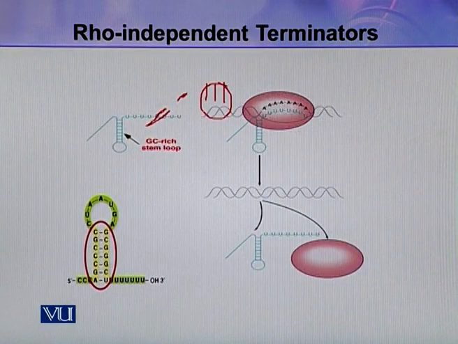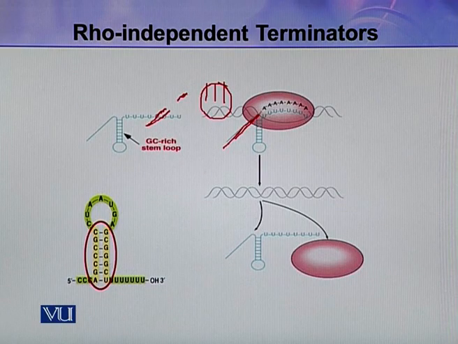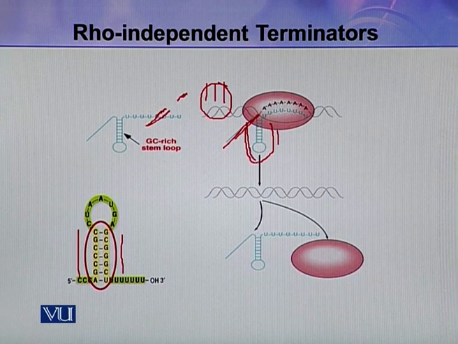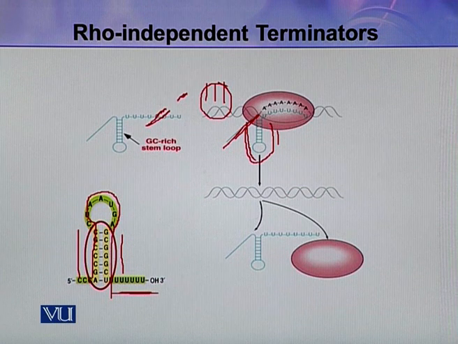So here you can see this is the RNA transcript, and this one is the loop, and this sequence is rich in GC content, and this is a stem loop, and this is followed by UUU. So when this loop is formed, followed by a small stretch of U, it causes the polymerase to dissociate from the complex.